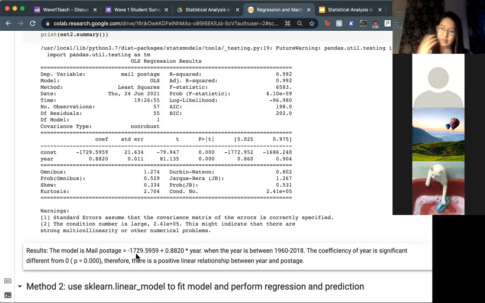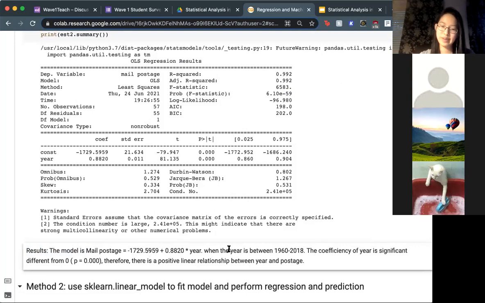That is the model you can use to predict, if I give you a random year, what is the mail postage for that year? Most likely, an estimate of that mail postage that we can map out with this data. That's kind of powerful if you consider it.